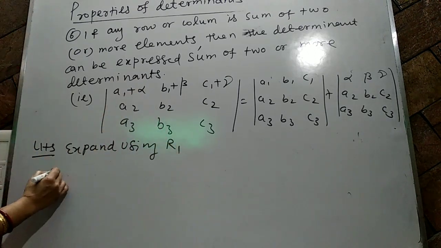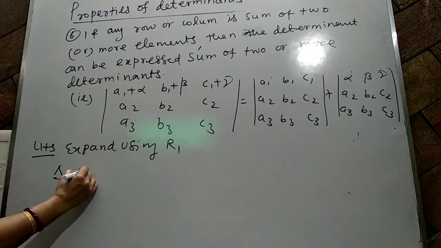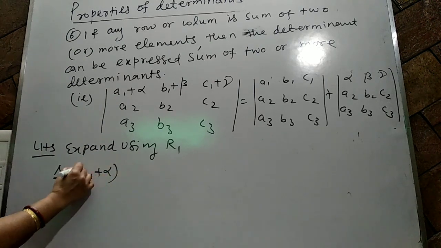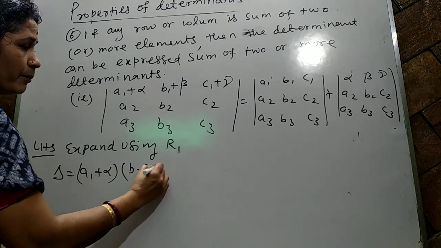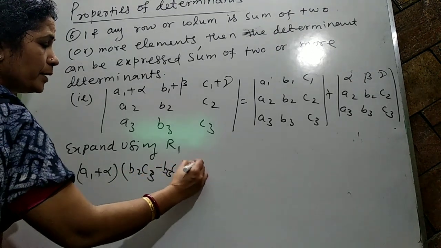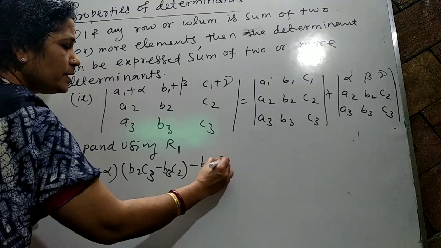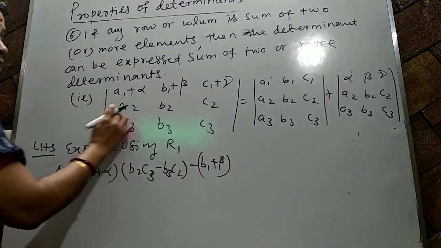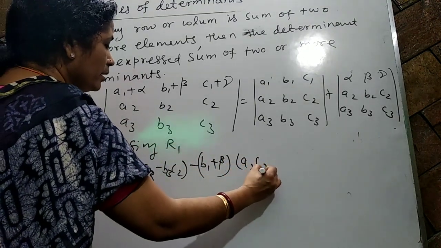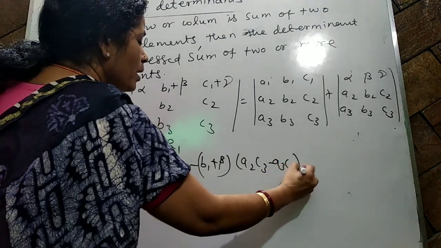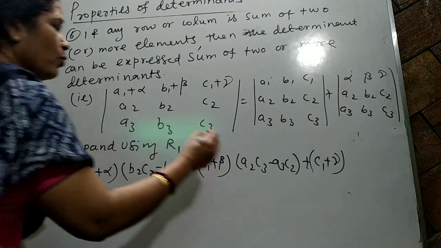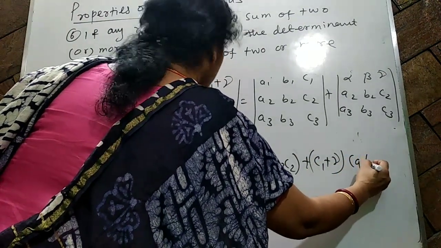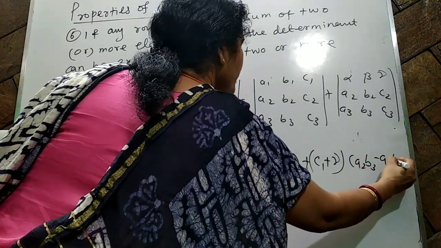So delta equals A1 plus alpha into the minor B2C3 minus B3C2, then minus B1 plus beta into, keep it in brackets, A2C3 minus A3C2, plus C1 plus gamma into A2B3 minus A3B2.